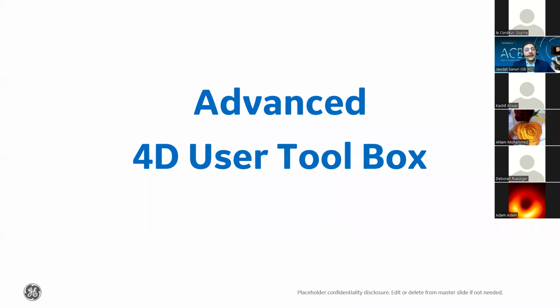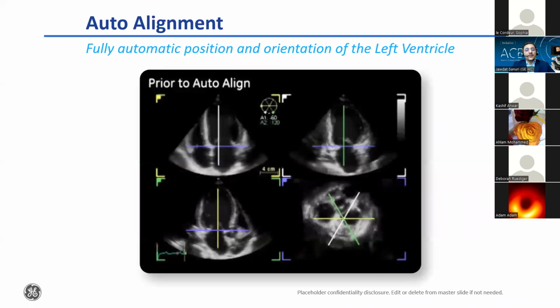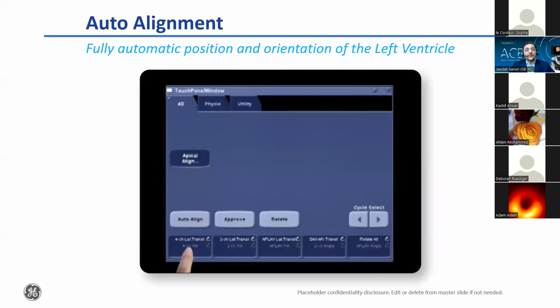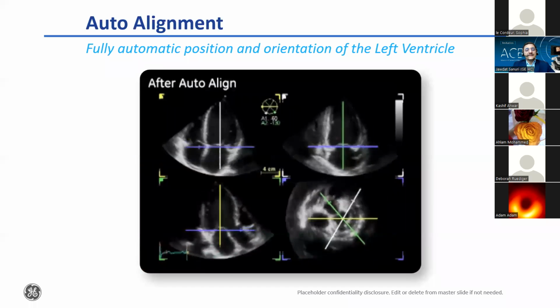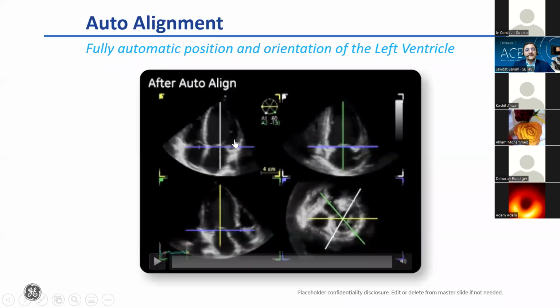arrhythmia, of course. Then there's the 4D auto alignment and 4D automatic views, which is done once we have reference markers across the volume for the annulus and the apex in 4-chamber, 2-chamber, 3-chamber.